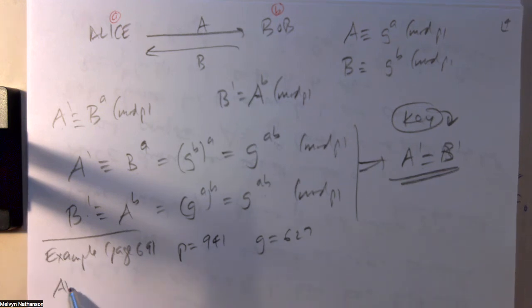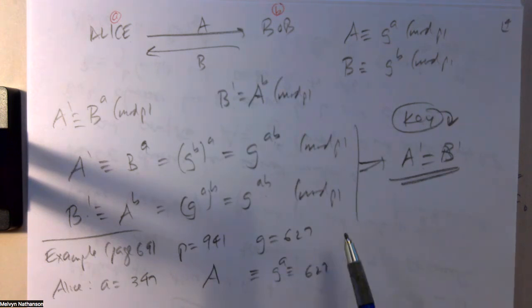So for Alice, she chooses for her secret number little a equal 347. So her number, capital A, is g to the a, which is 627 to the 347, reduced mod 941.